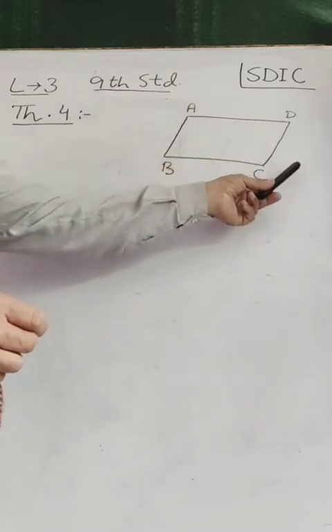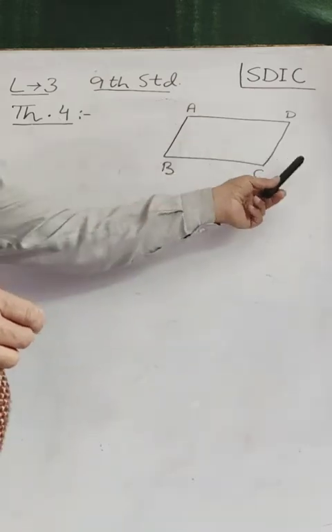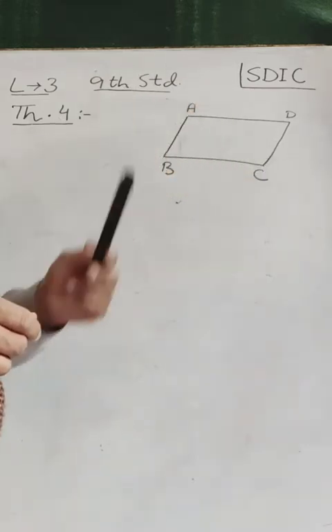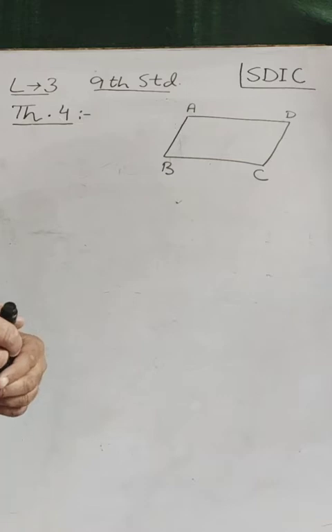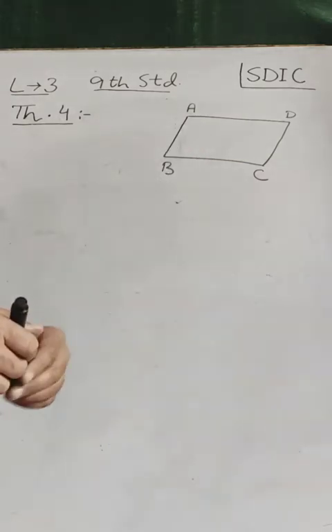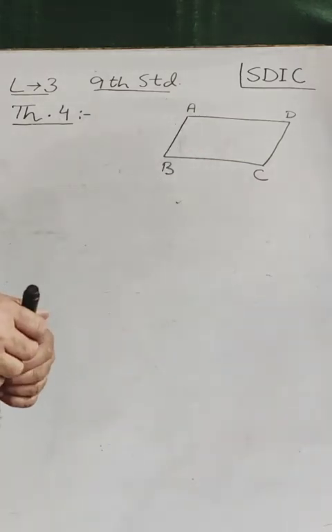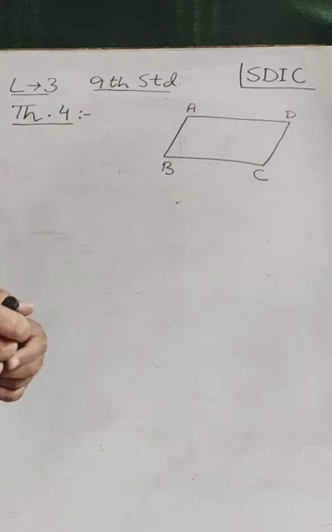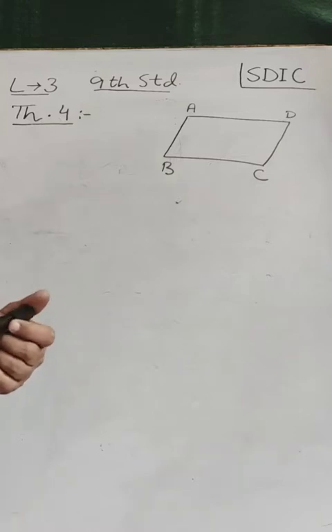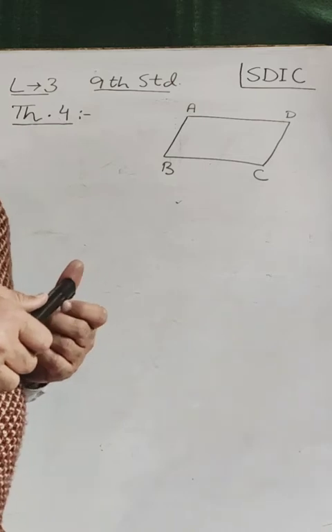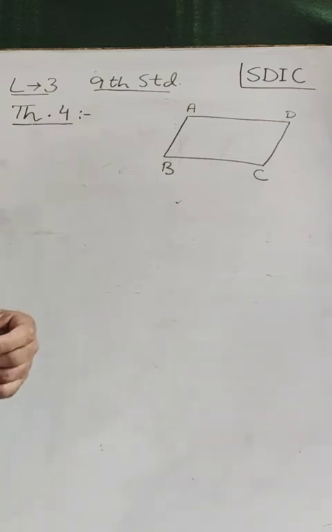Both pairs are parallel. AB is parallel to CD. BC is parallel to AD. So application of definition there. Quickly write given a parallelogram ABCD. Then you write to prove opposite angles are equal.